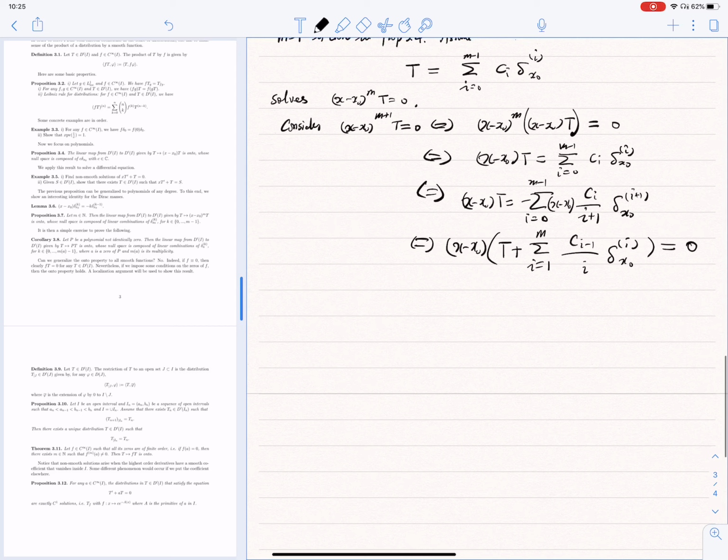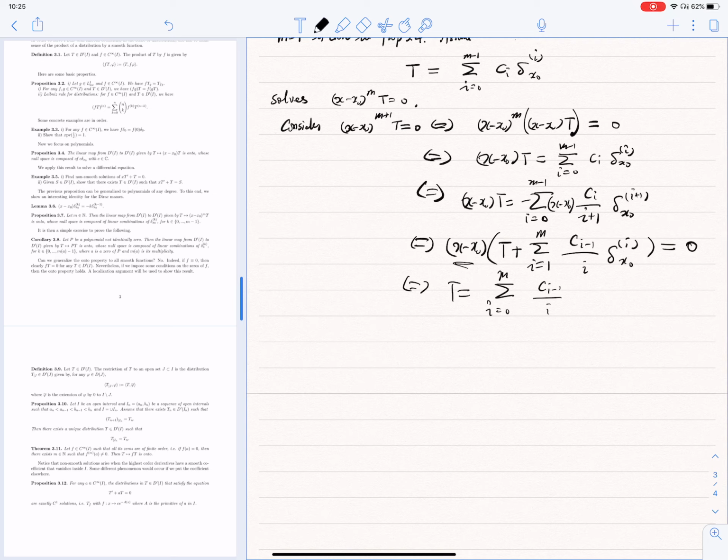Now we can apply our proposition 3.4: the null space of the product by a linear function is given by the multiples of Dirac masses at x naught, so that we're done. So t will eventually have an additional zero order derivative of delta x naught, so the sum for i from 0 to m of c_(i minus 1) i.